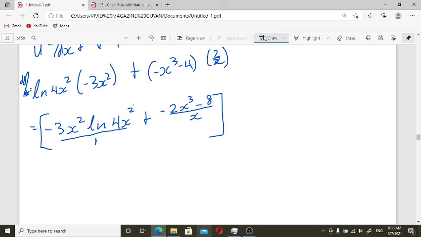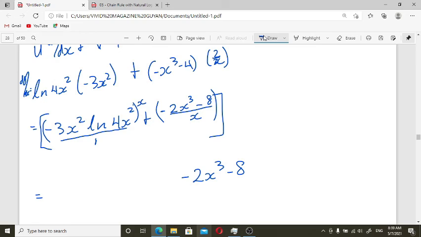Now, when we actually work this out fractionally, we do remember that this is going to be what it is. So this is going to be minus 2x cubed minus 8. And here, because the LCM is 1 and x, this is going to be multiplied by x.